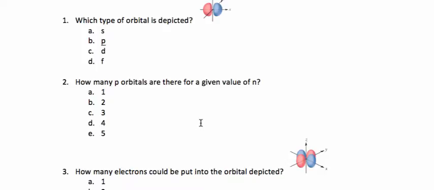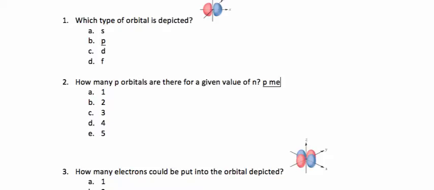How many p orbitals are there for a given value of n? Well, if we think about p orbitals, how could we approach this question?